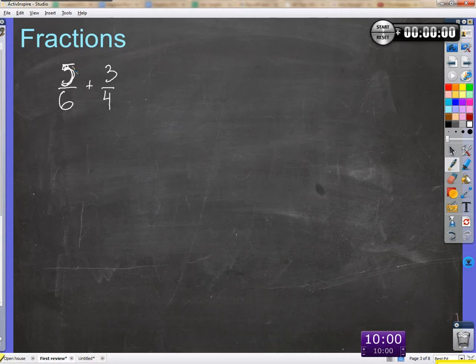Anybody have a suggestion? Maybe something you did at a younger age, how you would add these together without finding a common denominator? When I was younger, I just added the top and the bottom. Add the top and add the bottom. Okay. Why did you do that? Well, before, when you did addition, you just added the numbers that were there. Yeah, you just try to follow the old rule of adding numbers.